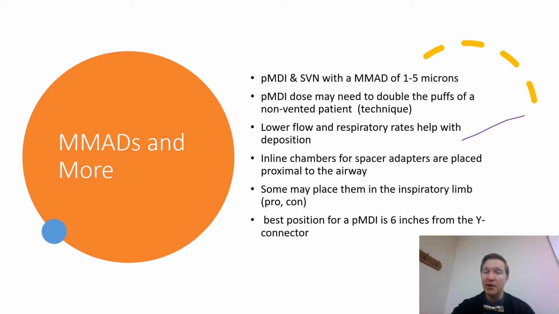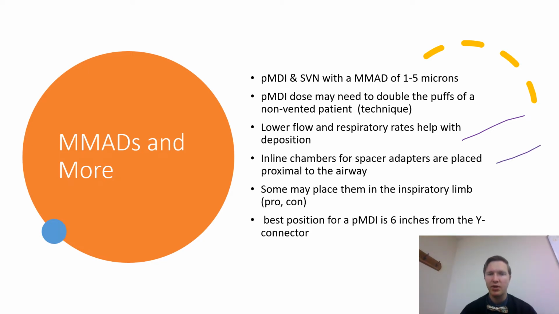And a slow respiratory rate means they're not spending as much time cycling over to exhalation. Therefore, that medication has more time to dwell and stick to the walls of the airway, so it's taking effect and giving effective medication administration there.